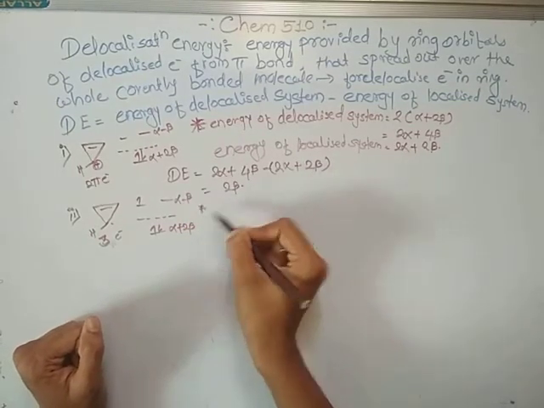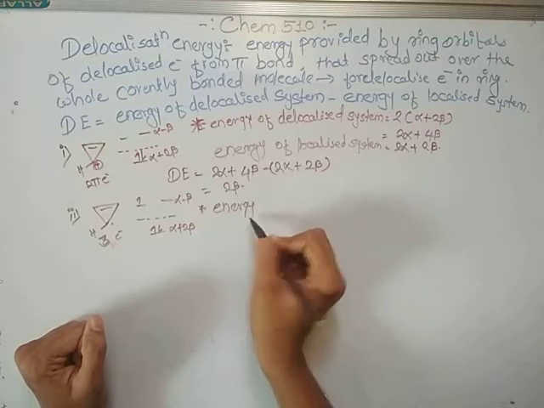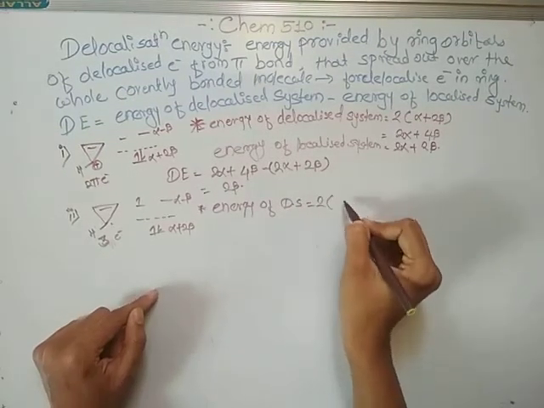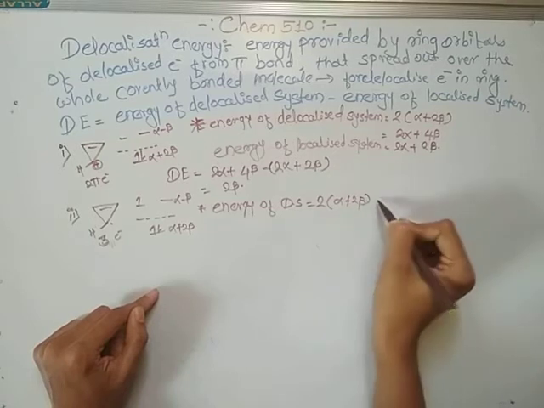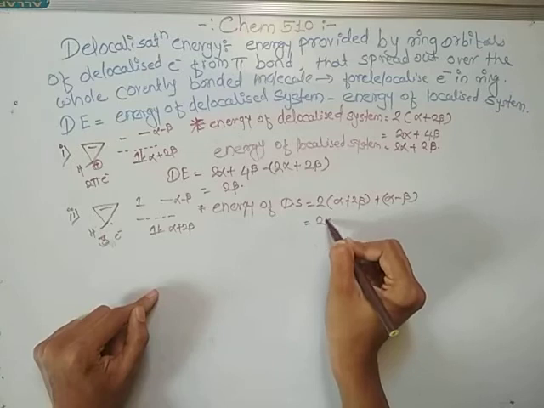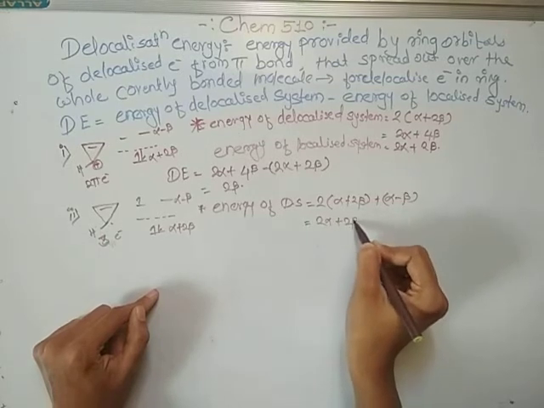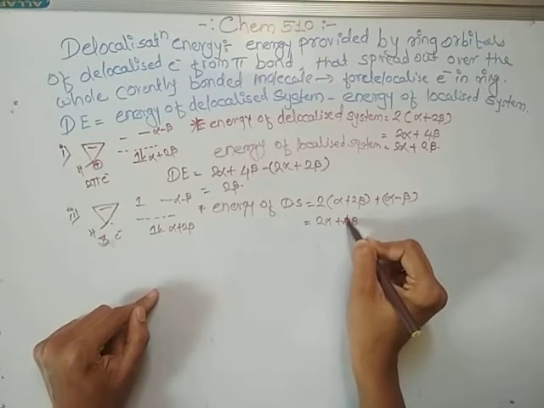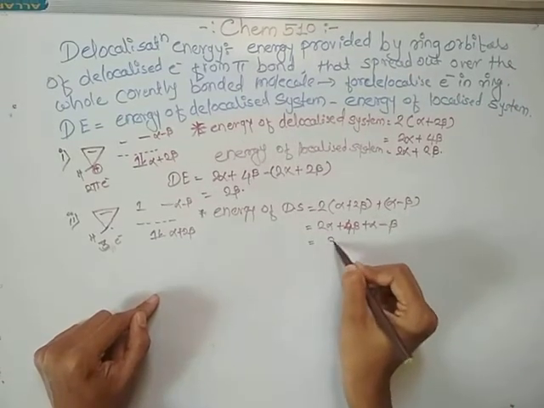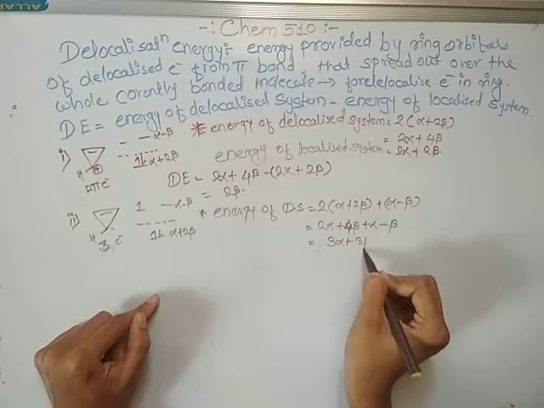So energy of delocalized system is equal to 2 into alpha plus 2 beta plus alpha minus beta, is equal to 2 alpha plus 4 beta plus alpha minus beta, is equal to 3 alpha plus 3 beta.